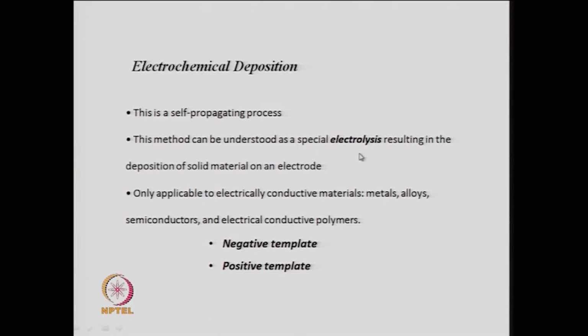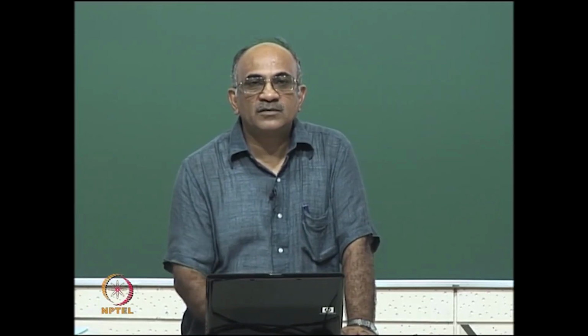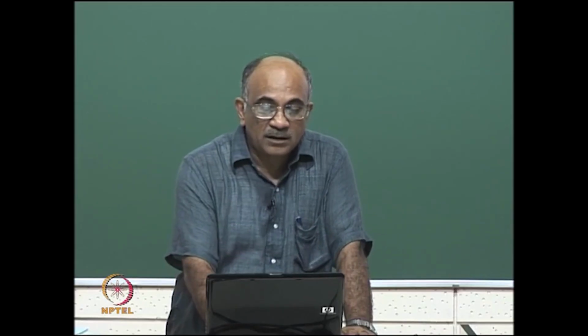We all know electrolysis in chemistry and in materials, and that is the deposition of metals on electrodes when you apply a voltage. This is a process similar to that where you have these porous templates on which deposition occurs. So, the deposition of this material is quite similar to what we commonly call electrolysis.